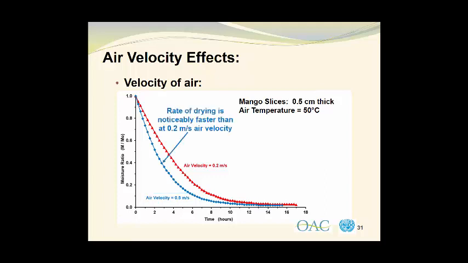The rate of drying is noticeably faster with the 0.5 meters per second airflow than it was with 0.2 meters per second air velocity. Tests were also conducted at 0.75 meters per second and 1.0 meters per second, but they gave only small drying rate increases beyond that of the 0.5 meter per second air velocity.